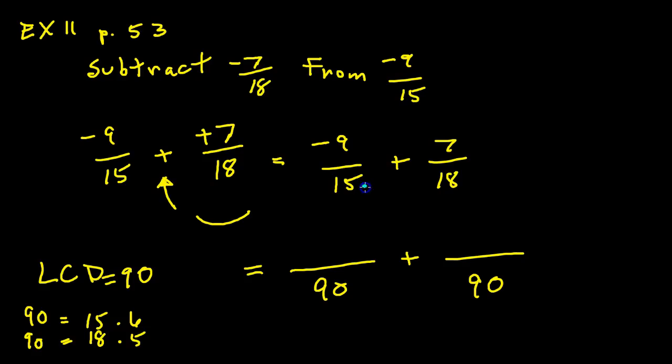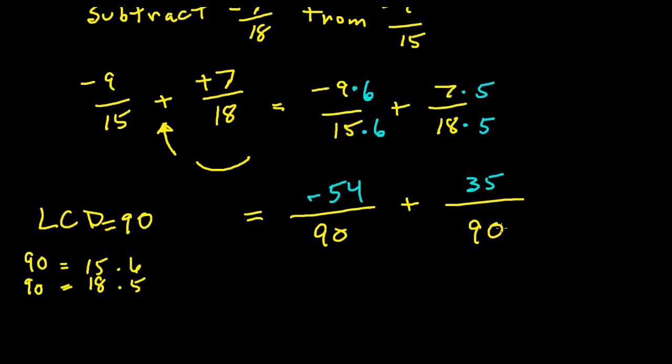Top and bottom, this first fraction, I'm going to multiply top and bottom by 6, because 6 times 15 is 90, right? So in the numerator, I'll end up with a minus 54, my adjusted numerator. Over here in the second fraction, if I multiply 18 by 5, we know 18 times 5 is 90. And upstairs, maintaining equivalence, 7 times 5 is 35.